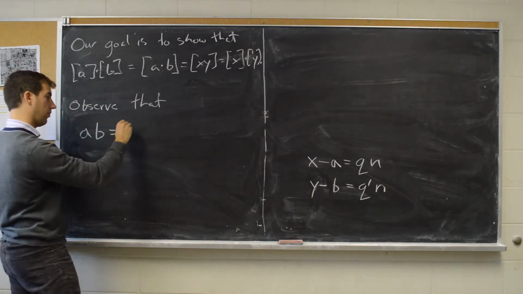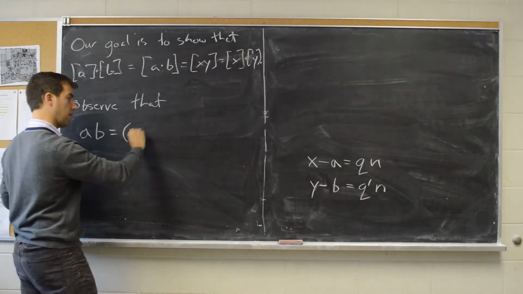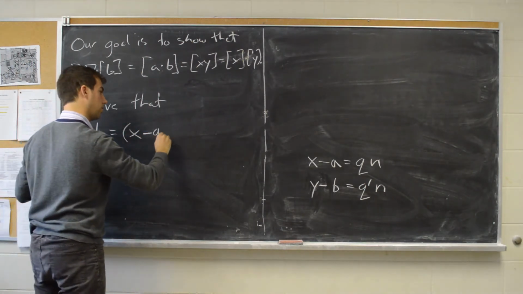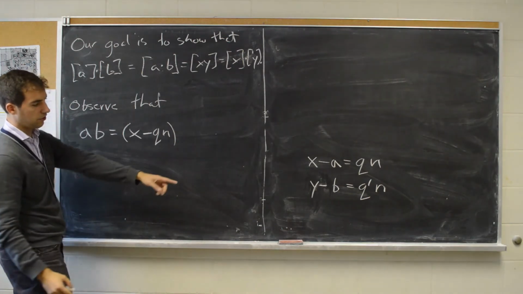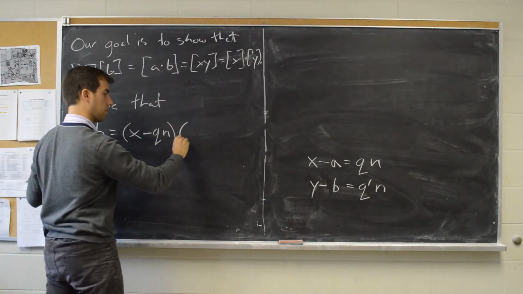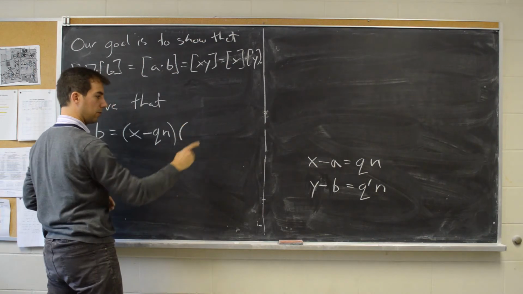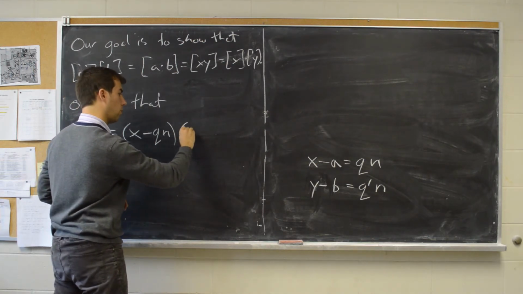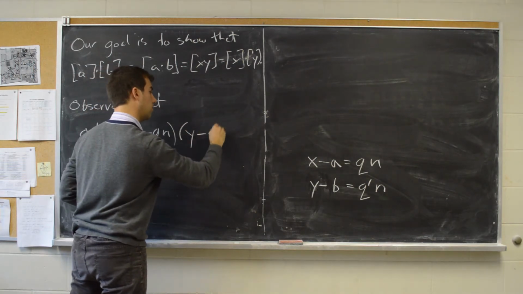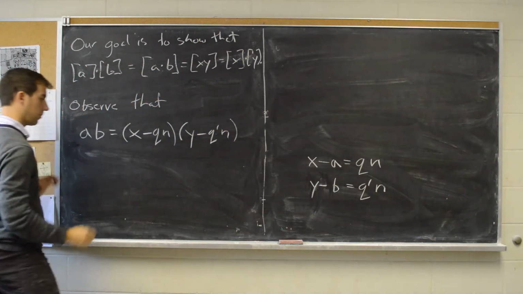So we can express this as a is x minus qn. And similarly, rearranging the second formula over there, we have b is equal to y minus q prime n.